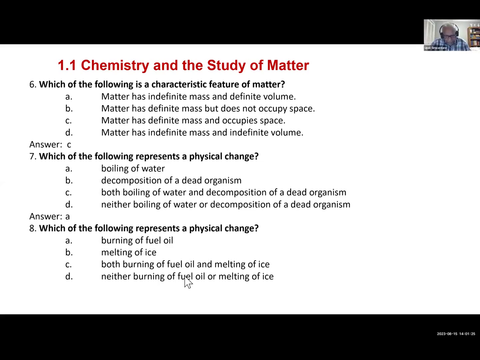Neither is negating, right? Therefore, the last statement is not true. When you have neither clause, it says one of them is false.